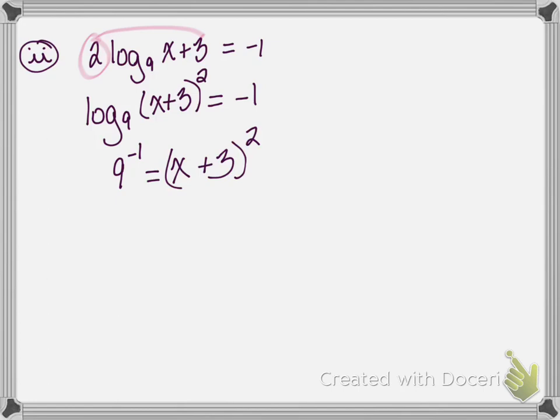So then I have 1 over 9 equals x squared plus 6x plus 9. Okay, x squared plus 6x plus 9.